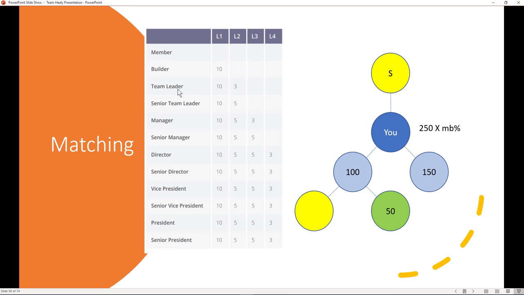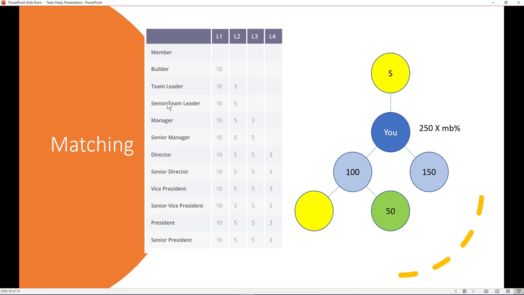If you're a team leader, you earn that same 10%, so that would be 100 plus 150 times 10%, or 25, and in addition to that, you earn 3% of level 2, so that would be 3% of 50. And that would be 1.5. So the total you earn would be 1.5 plus 25.